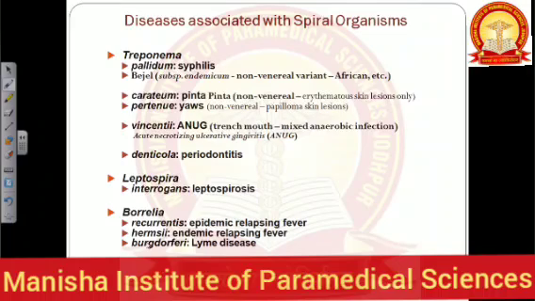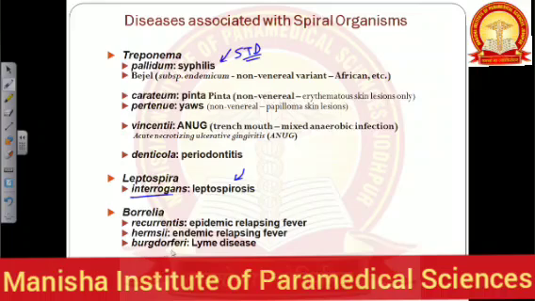Now some diseases associated with the spiral organisms. Treponema pallidum causes syphilis, a dangerous STD. Leptospira interrogans causes leptospirosis.